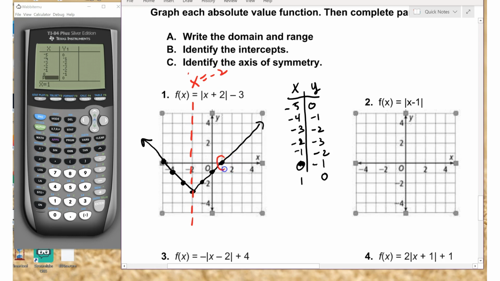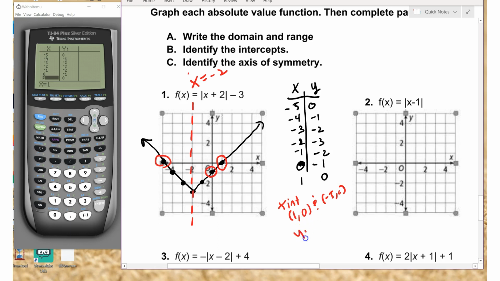This right here is my x-intercept, and this is also my x-intercept, and this is my y-intercept. So you're going to write the x-intercepts: 1, 0, and negative 5, 0.